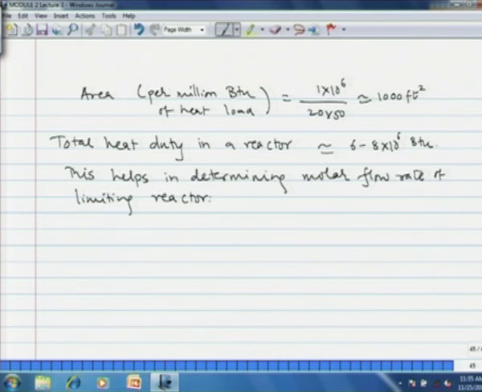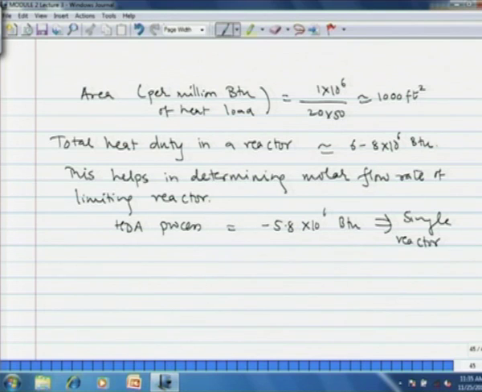Like for example, we just saw the HDA calculation where the heat load was minus 5.8 into 10 to power 6 BTU, and this particular process could be carried out in a single reactor.